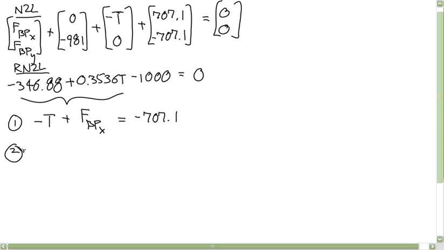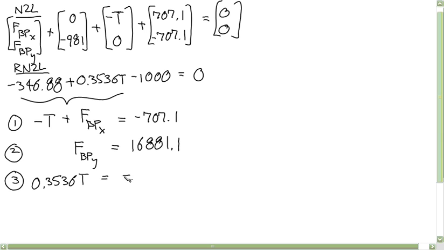Then F_BPy is equal to positive 1688.1. And then third, 0.3536 T is equal to positive 1346.88.